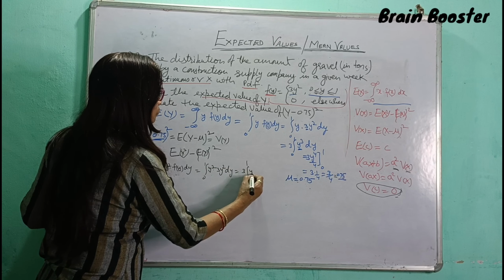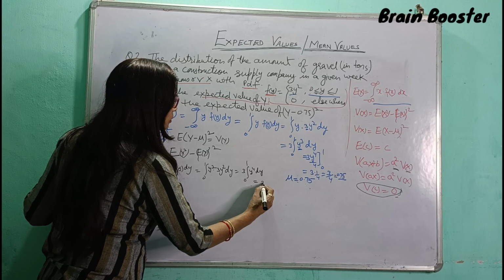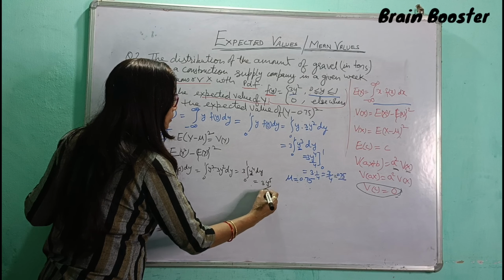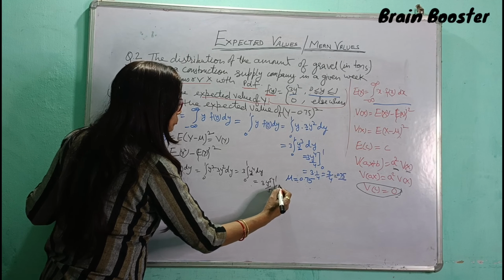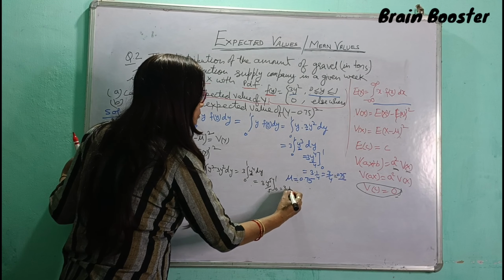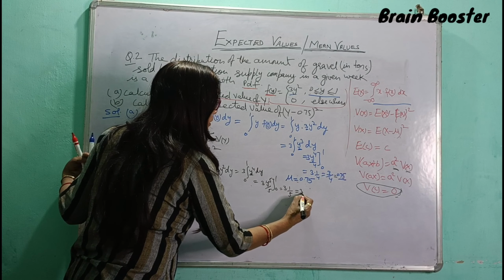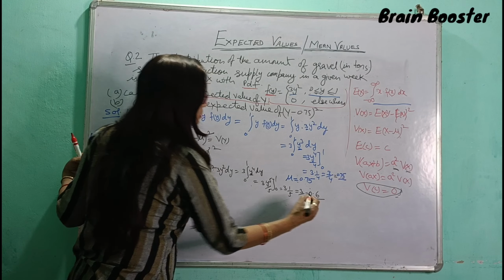Integrating gives y to the power 5 by 5 from 0 to 1. If you put the values it becomes 3 into 1 to the power 5 by 5, and if you put 0 it becomes 0, that means 3 by 5, equal to 0.6.